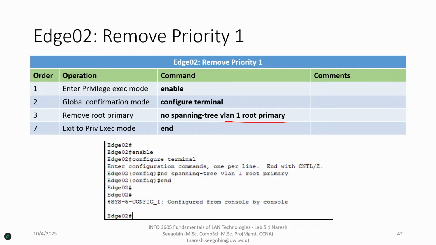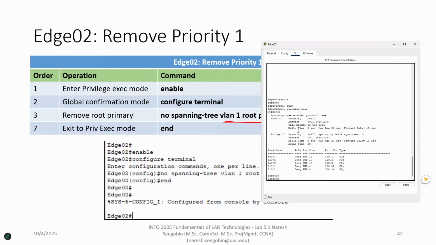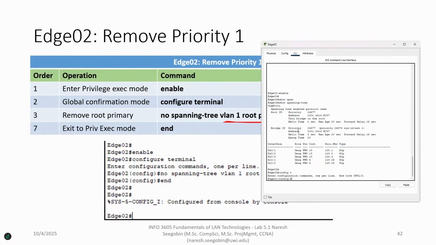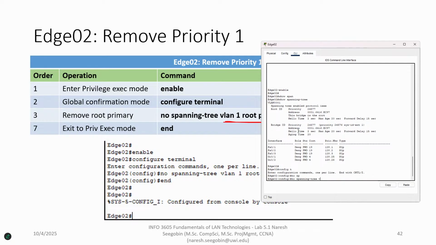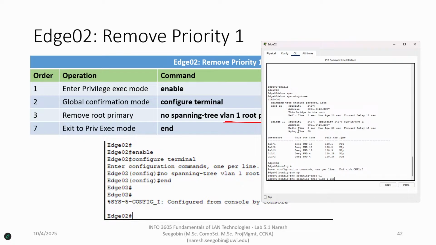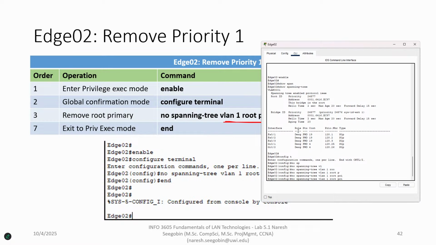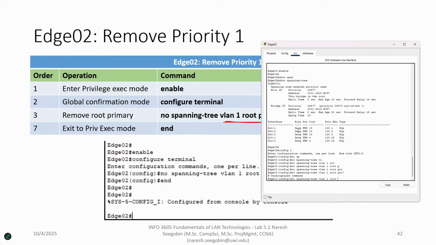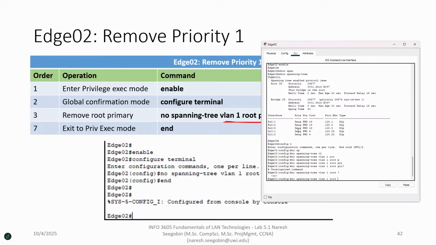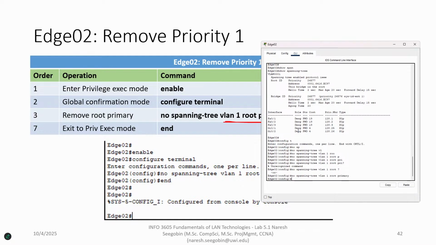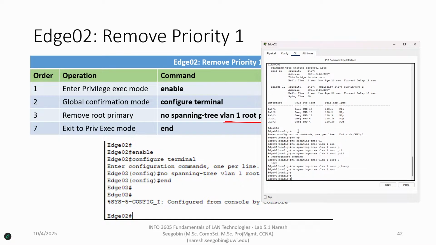Right, so we're just going to Edge 2 and do this. It should show the same. Yeah, root and root primary should result in the same.